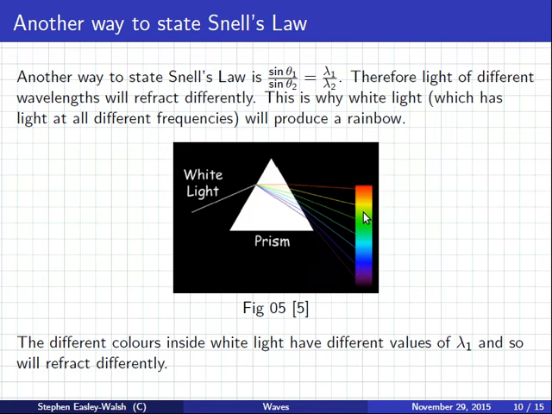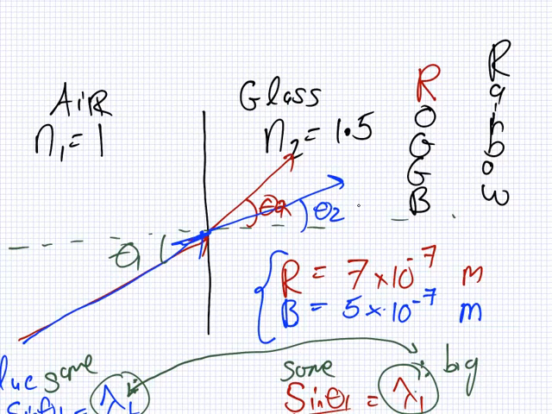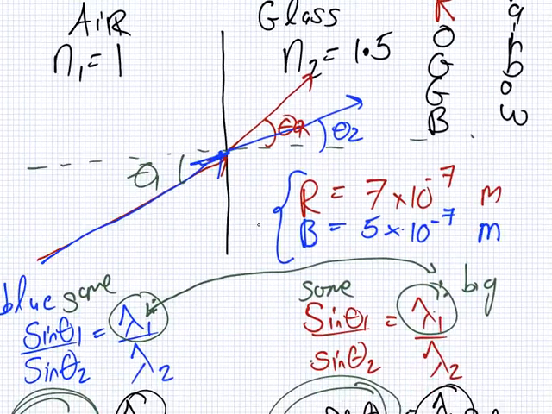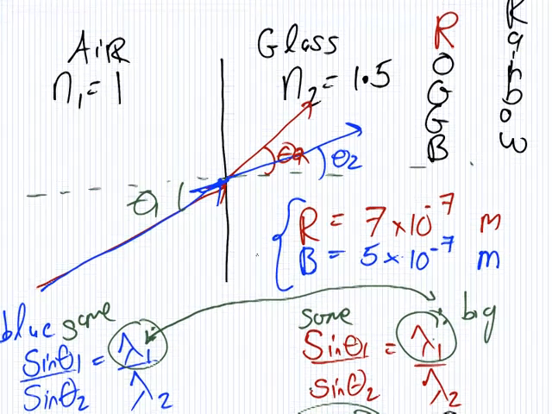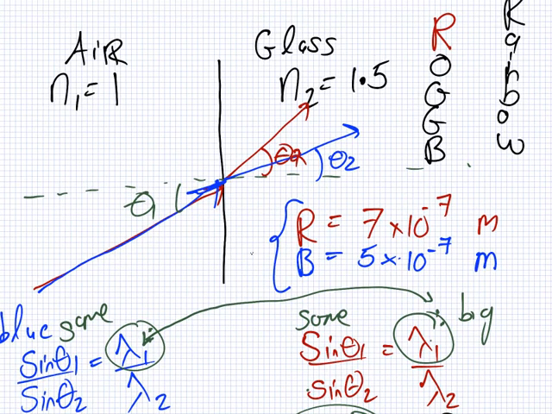Are the angles constant, or does it depend on sine theta 1? It depends on sine theta 1, doesn't it? Like from where the light is incident. Yeah. If you change sine theta 1, you'll change these angles, but the relationship still holds: because the wavelength is bigger for red, it will have a bigger angle, which means it will be up higher. And the wavelength is smaller for blue, it will have a smaller angle, so it'll be down further.